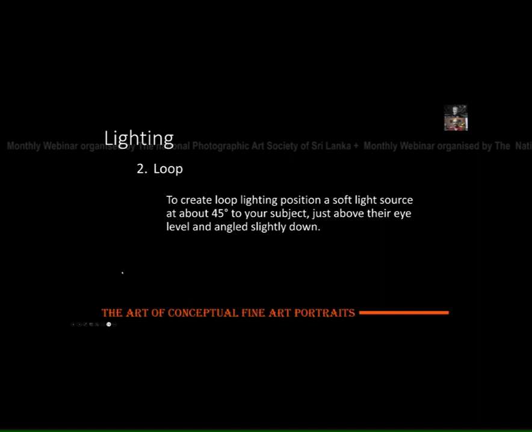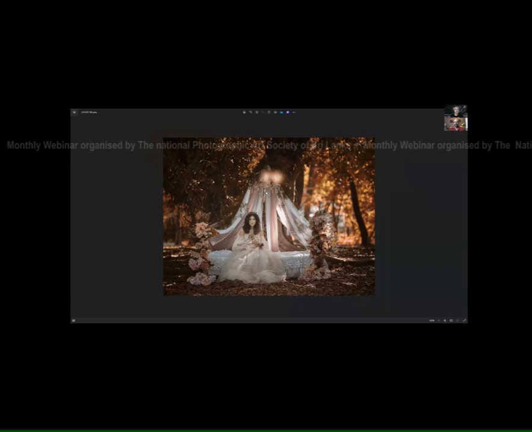Actually, can I close this? I will show you one. This one was done outdoors. We set up the bed, the flowers, the chandelier, everything. This was done in one of our local parks here.